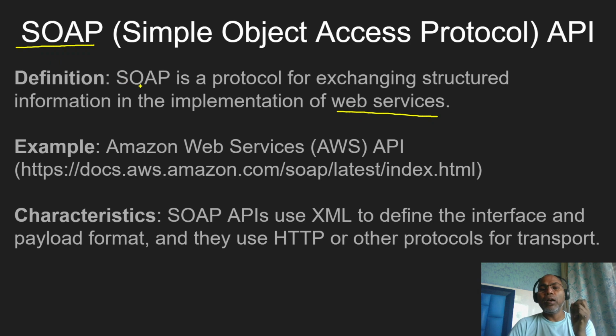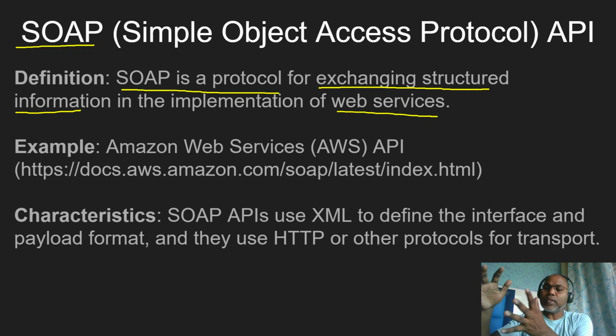SOAP is a protocol, Simple Object Access Protocol, designed for exchanging structured information. That structured information is generally in XML format, which means XML data travels on the internet in a well-defined format.